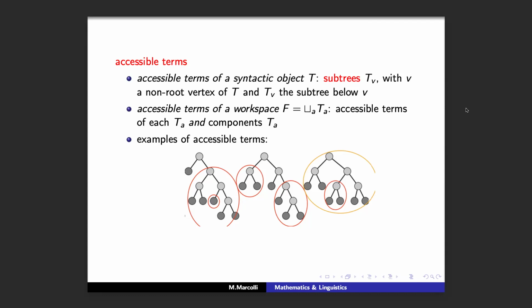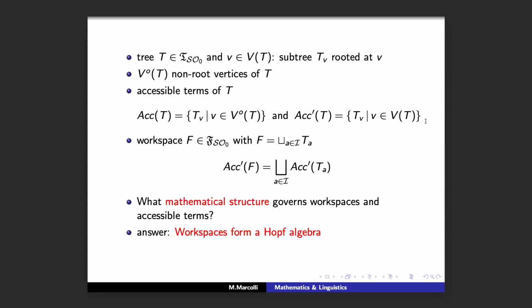The other convention is that when you talk about accessible terms of a workspace, the entire components are also accessible terms of the workspace, because they are themselves substructures of the whole structure. Okay, so these are the two kinds of accessible terms, and I'm going to distinguish with some different sign whether I include the entire structure also as an accessible term or not.